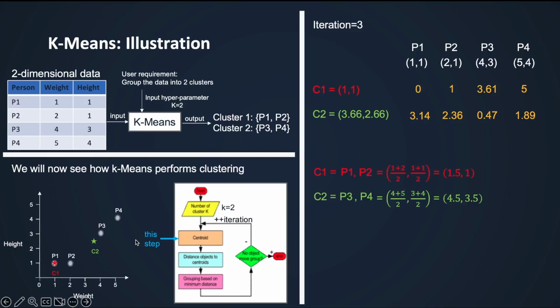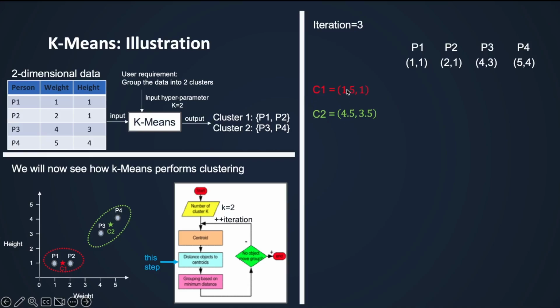If we shift it, then C1 has moved and P1 and P2 belong to cluster 1. Similarly, the centroid C2 moves up and P3 and P4 belong to cluster 2.